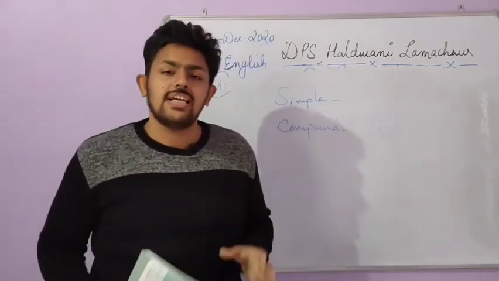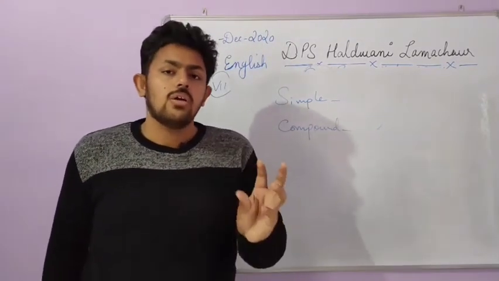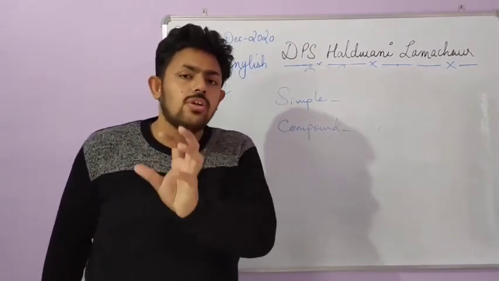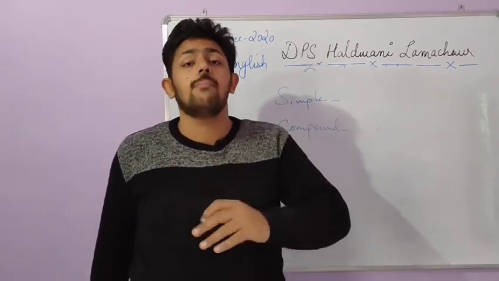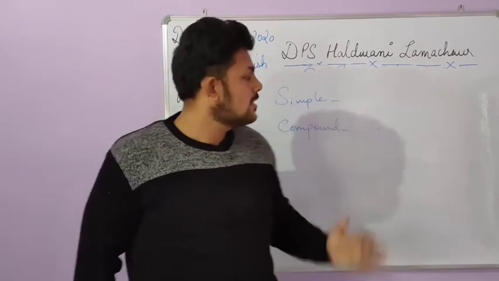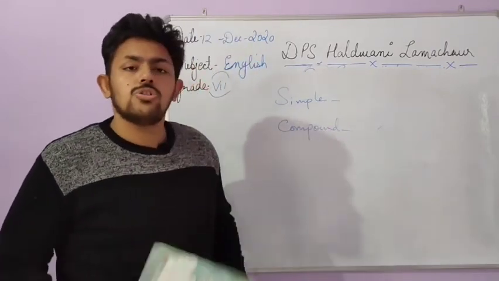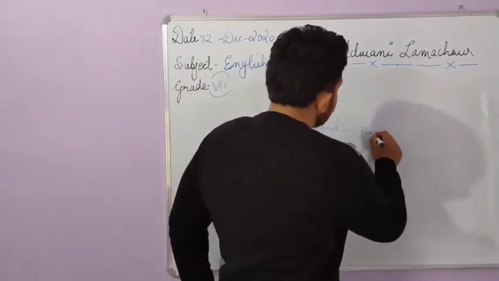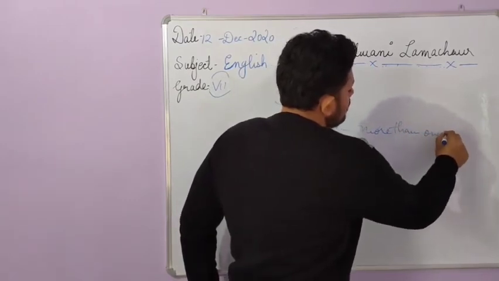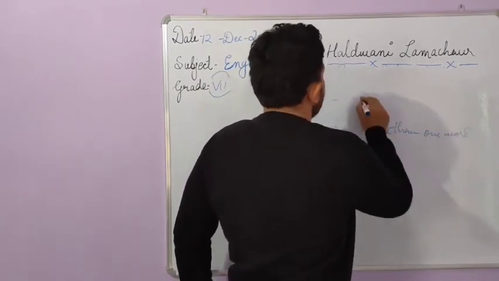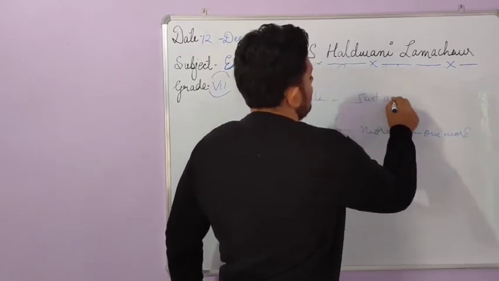Okay, compound sentences we have done, where two different sentences are put together in a sentence to make the meaning of that sentence. Similarly, a compound preposition will be more than one word, and simple will be just a word.